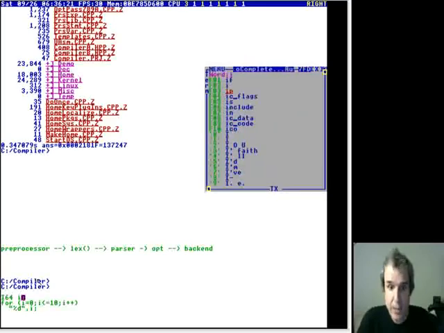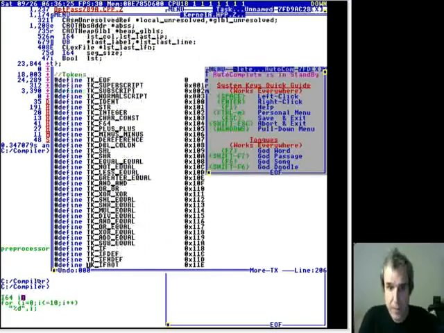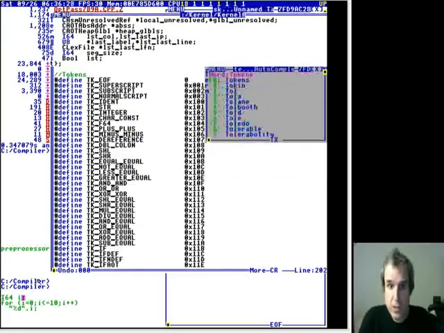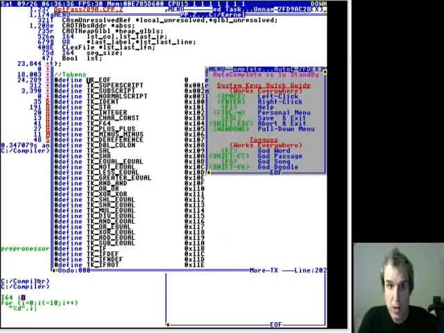Then you have a semicolon, and guess what? I don't have a token for semicolon. All the symbols, or what do you want to call them, all the punctuation marks are treated by their ASCII value.